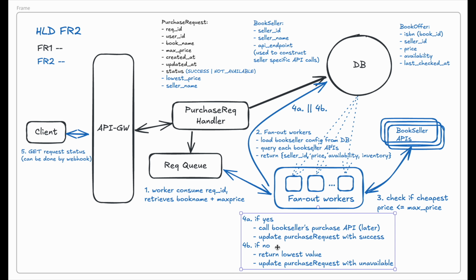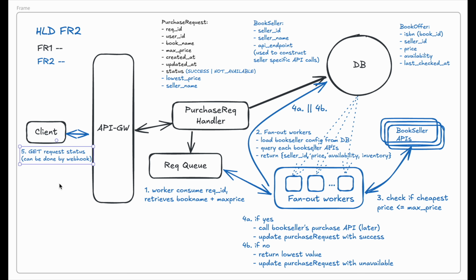But what if it failed or did not meet the price? The worker updates the purchase request with status equals not available and the lowest available price from all seller responses.